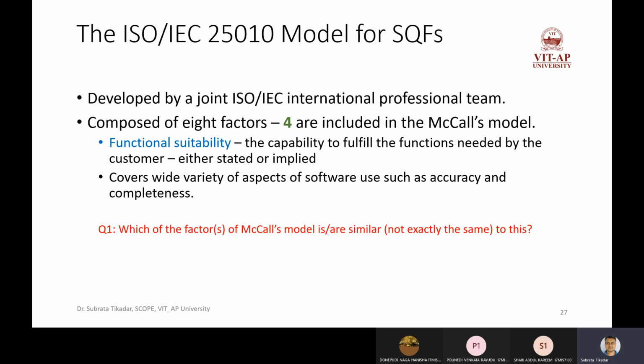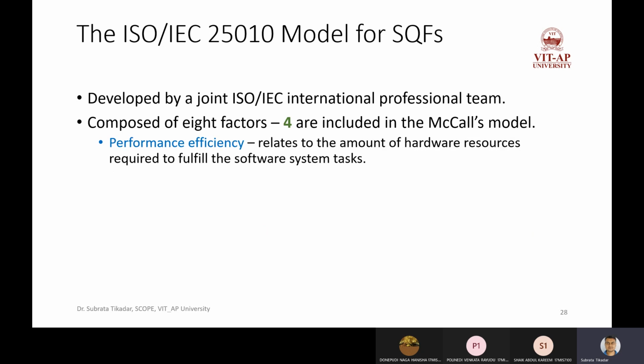Which of the factors which we have learned in case of McCall's model is or are similar to this particular factor called functional suitability? The answer is correctness, integrity, and interoperability, which we have already seen. So these are somehow mapped to those in the classic model. Then another new factor defined in this ISO IEC model is called performance efficiency.